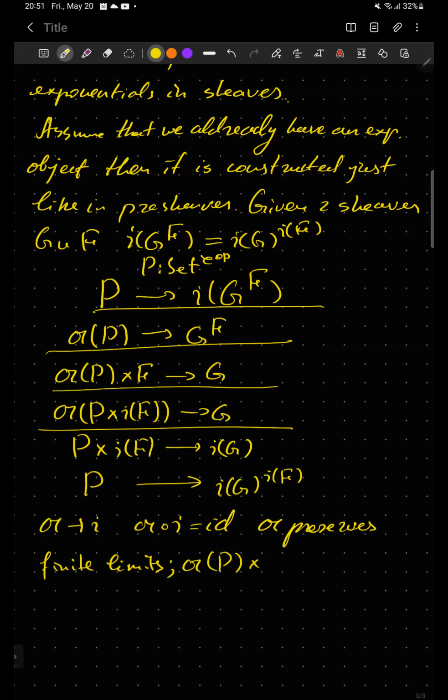A of P times F is isomorphic to A of P times AIF, which is in turn isomorphic to AEIF. So I just wrote down one of the steps here in this diagram.